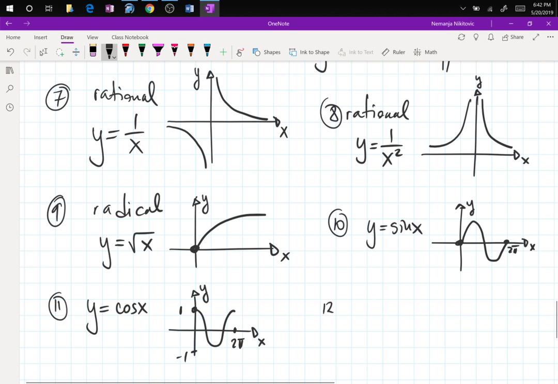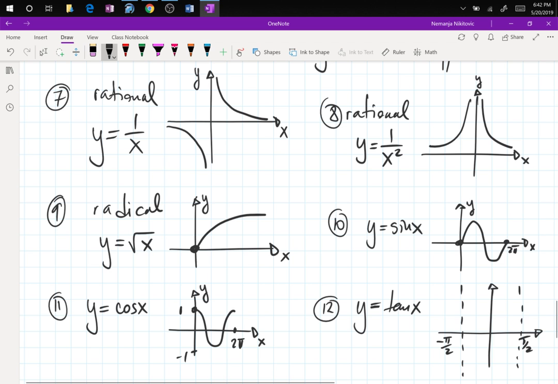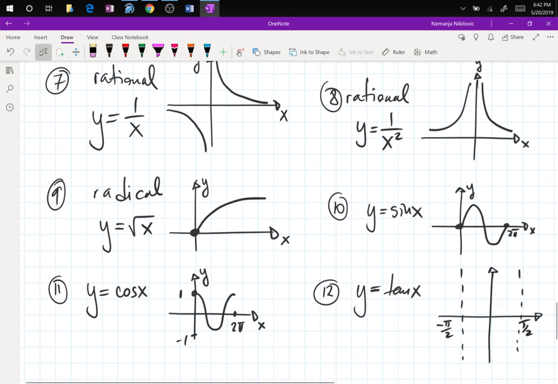12 is what? Very good. Tangent x. Now tangent x will have asymptotes at negative pi over 2 and positive pi over 2. Tangent has a period of pi. Sine and cosine have 2 pi.